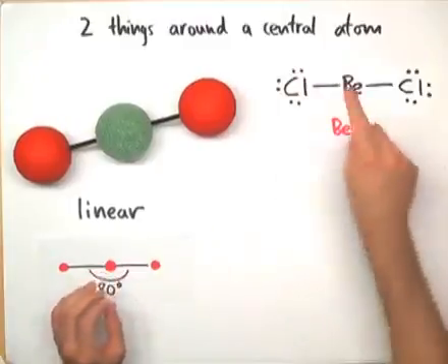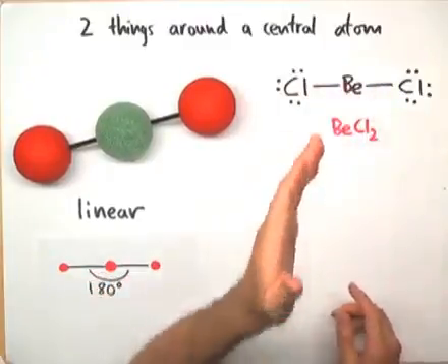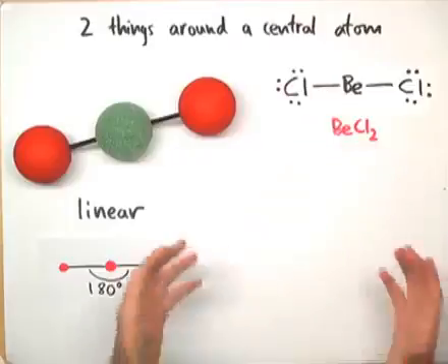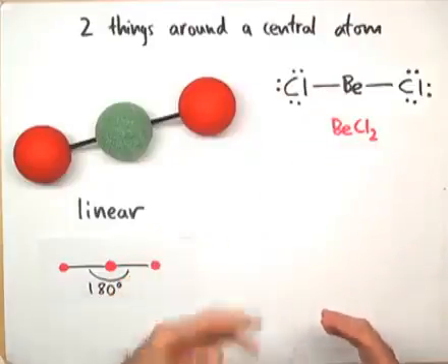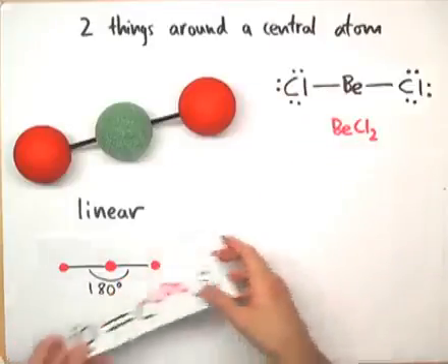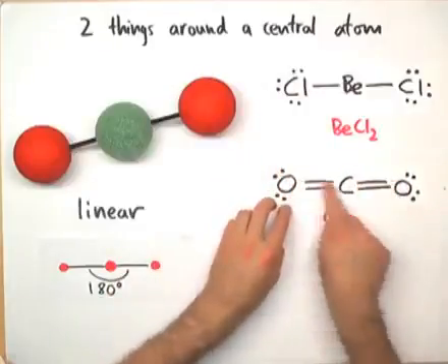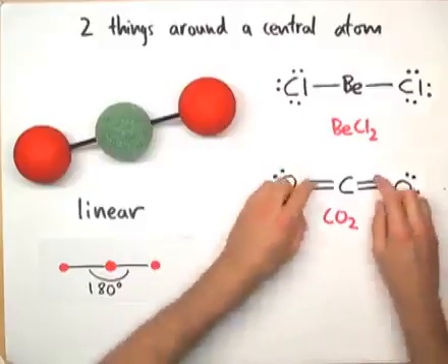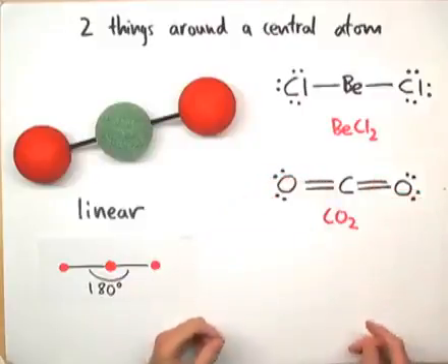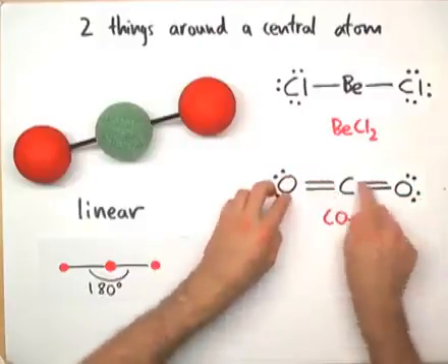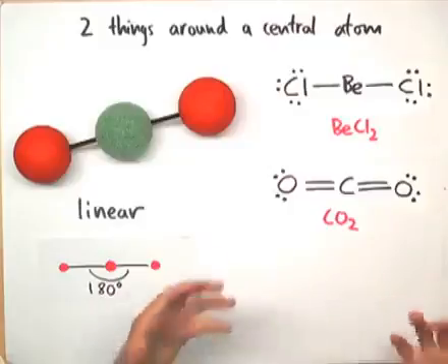Now, in beryllium dichloride, I'm talking about single bonds here. But it actually doesn't matter whether we've got double bonds or triple bonds. For example, CO2 has a shape like this, where there's a double bond here and a double bond here. But there are electrons in both of these bonds, and so each one of these double bonds just counts as a bond.